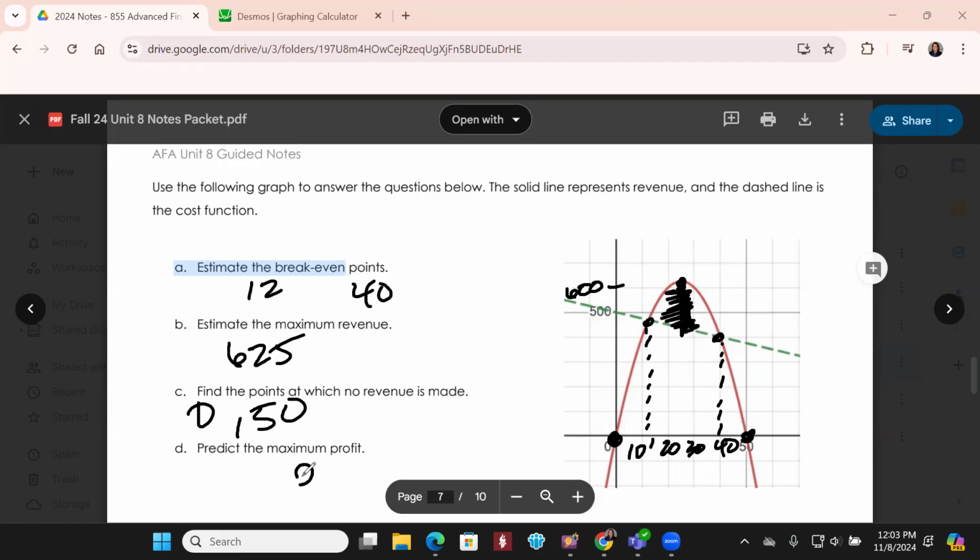That's about 200. So like 625 minus like 425. Again, it's like predicting and estimating.